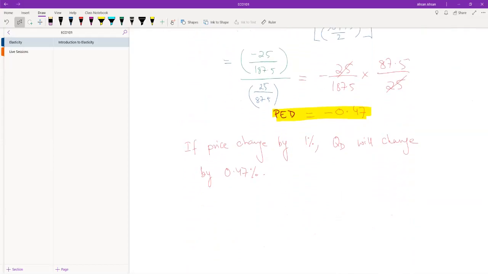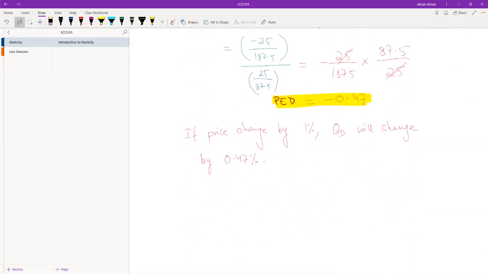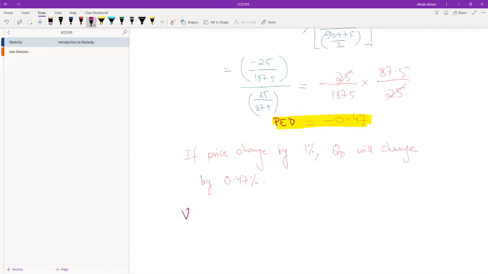So now let me talk about different values of PED. First of all, as you guys know, PED is always negative. But within different ranges, there are different ways of interpreting PED. So let's start with that. Values of PED.